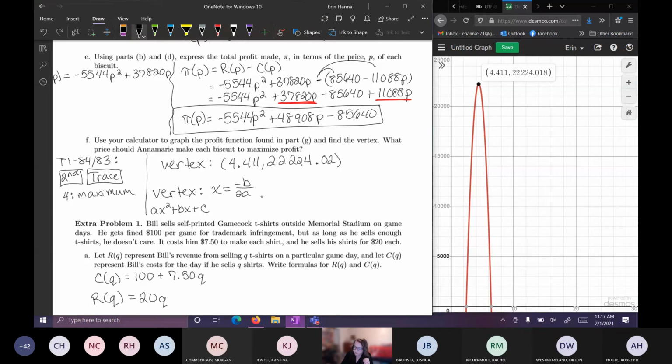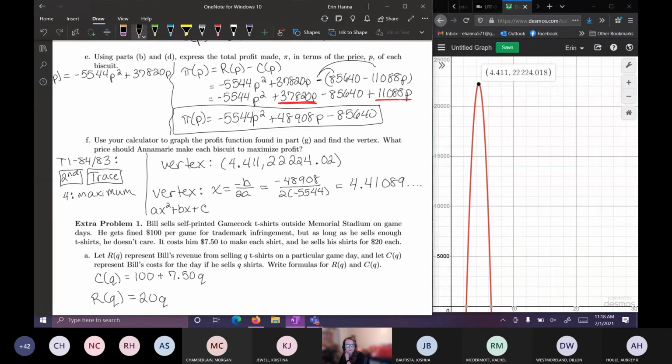So in our case, we would have had negative 48,908 divided by 2 times negative 5544, which, let me triple check that it gets us what we need. 2 times negative 5544. If you put this in a calculator, you will get 4.41089 and so on, which is essentially what Desmos is giving us.